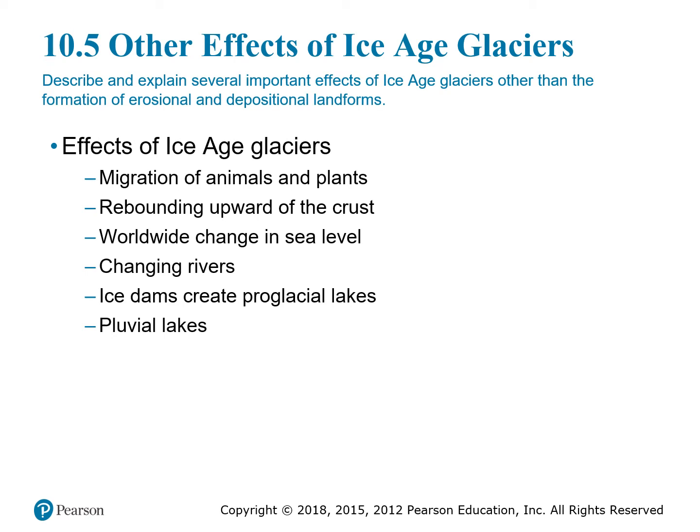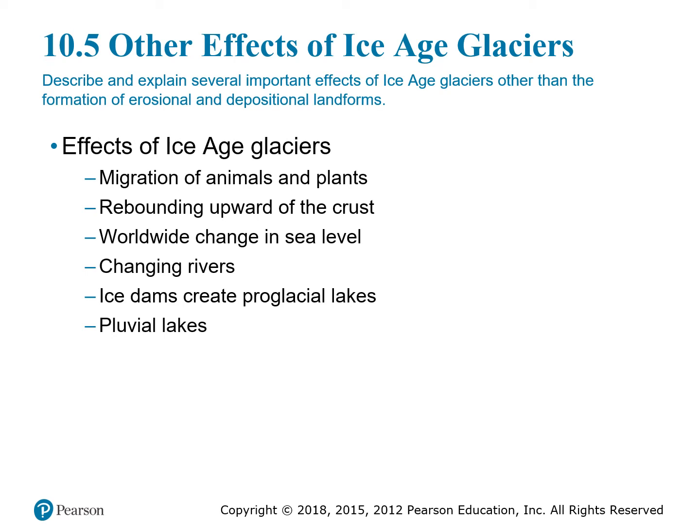And vice versa, if you had a cooling Earth and the glaciers started to encroach on areas where they weren't before, organisms are forced to migrate further south, away from those glaciers. So these disrupt the ecological areas that encompass plants and animals, and that can happen as a result of the onset of ice ages or going into an interglacial period.